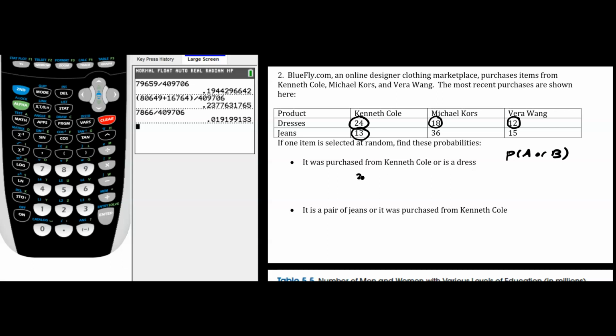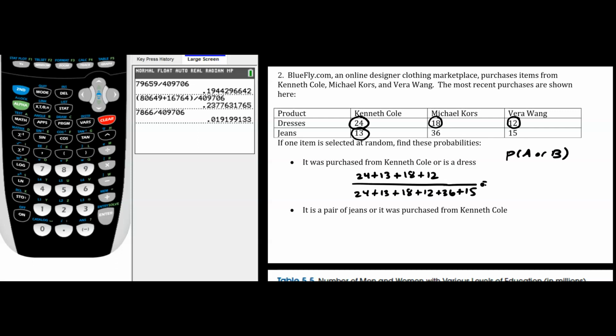So our numerator is 24 plus 13 plus 18 plus 12. And our denominator is the sum of all of the cells. And so that's going to be 24 plus 13 plus 18 plus 12. And then you can see that we additionally have 36 and 15 in that denominator.